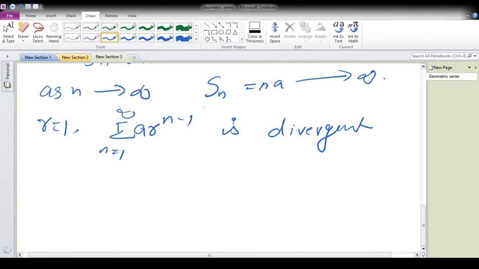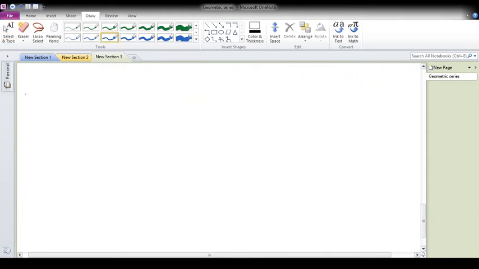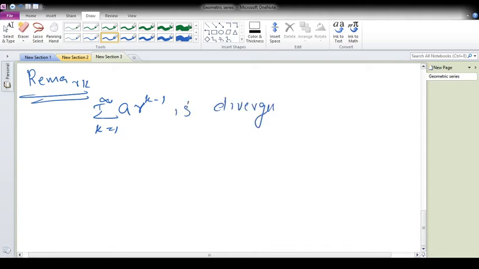Here the partial sum is divergent to infinity, so the corresponding infinite series is divergent when the ratio is 1. So we can remark that the summation of ar^(k-1), k equal to 1 to infinity, is divergent if r equal to 1.